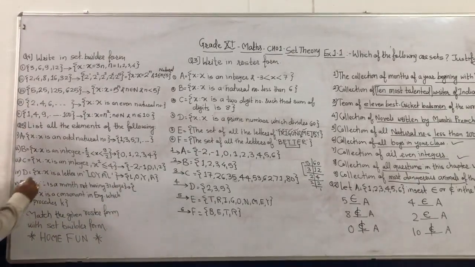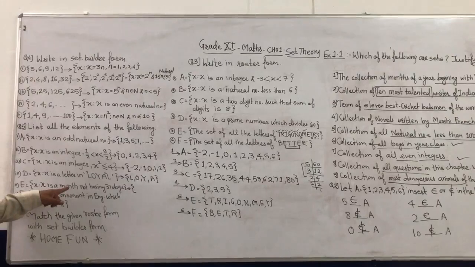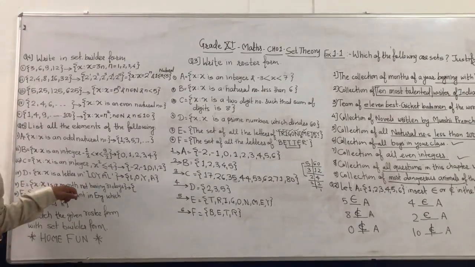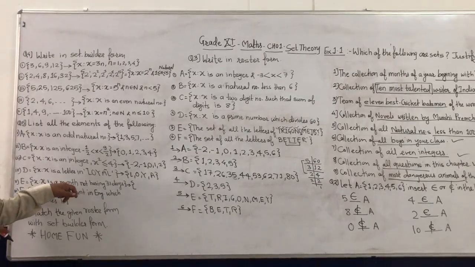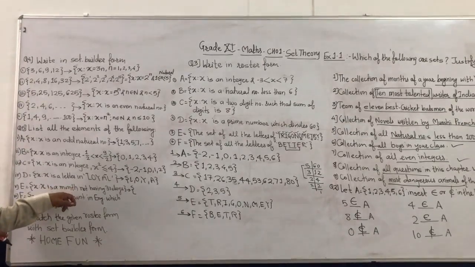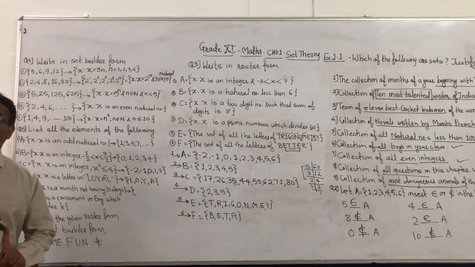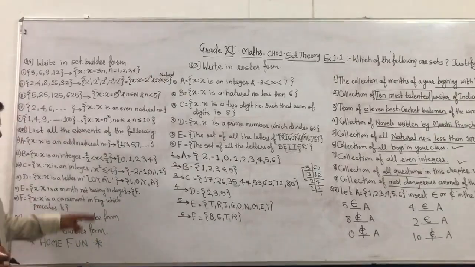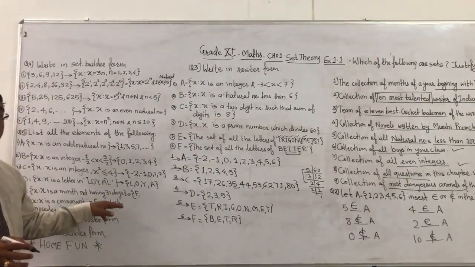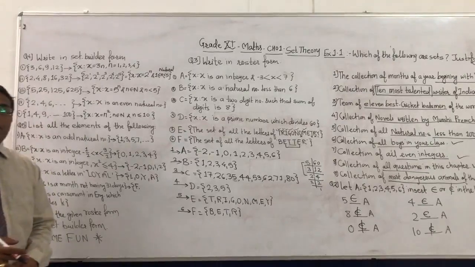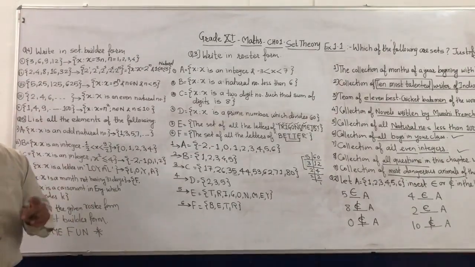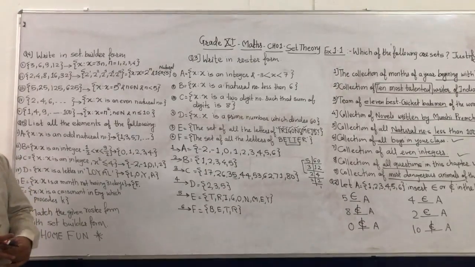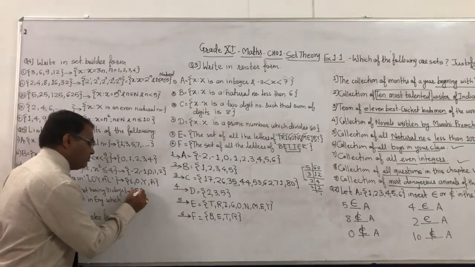The next one is x such that x is a month not having 31 days. The months having 31 days will not come. January will come? No. February will come? Yes. I am just writing the first letter, but you have to write down the full name of the month. March? No. April will come?